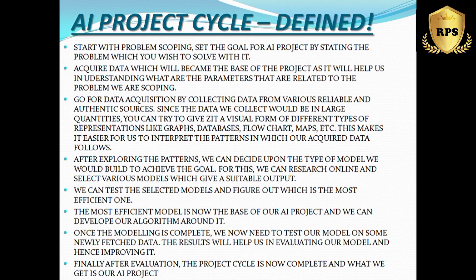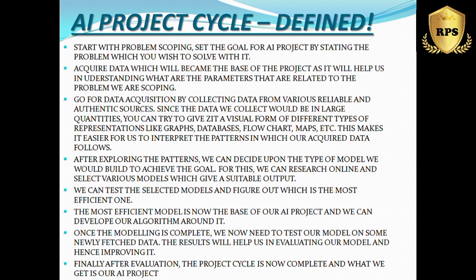So, when we are making these databases and flowcharts, this is actually part of exploration. Then we can test the selected models and figure out which is the most efficient one. Can you remember which topic that is? Yes, this is modeling. The most efficient model is now the base of our AI project cycle, and we can develop our algorithm around it.